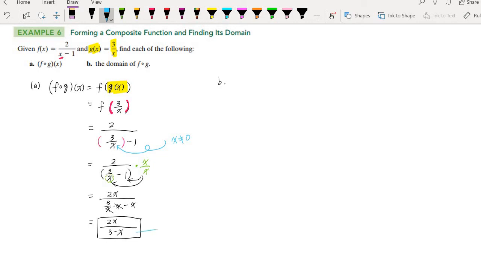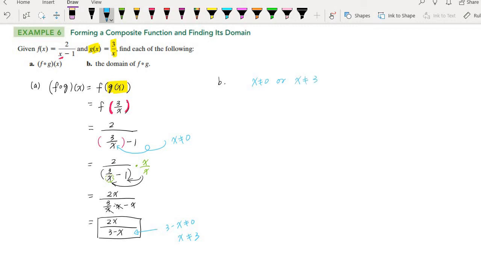Another piece right here, we're dealing with a denominator again. That means 3 minus x cannot be 0 as well, so x cannot be 3. From these two pieces of information, we know x cannot be 0 or 3.